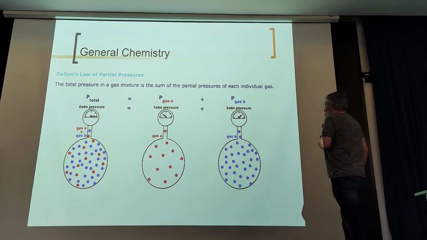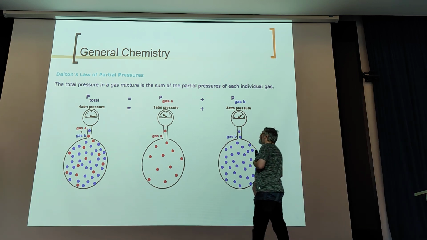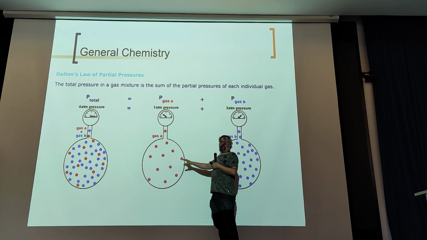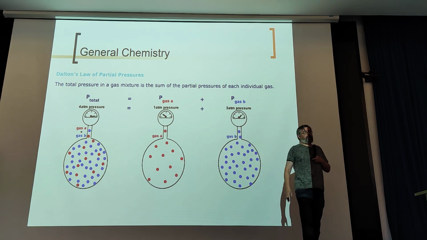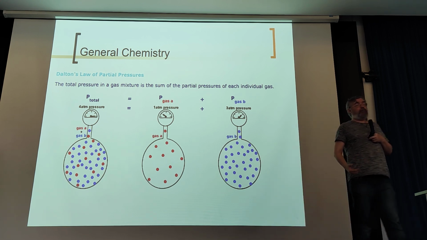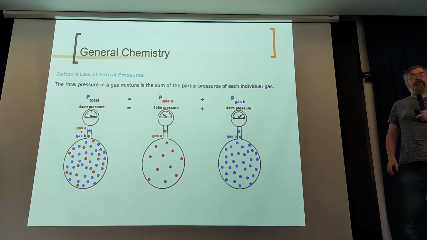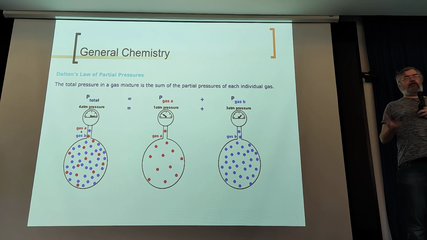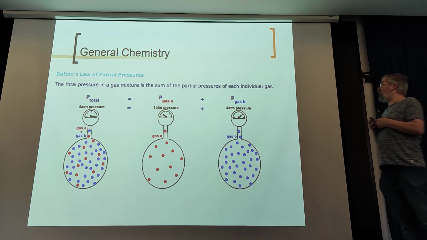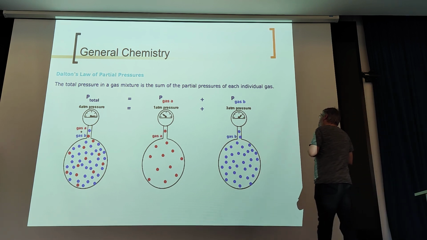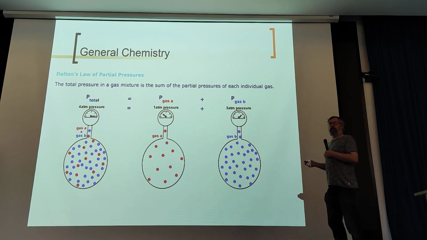This is adding up 1 atmosphere of pressure of the red gas, gas A, and 3 atmosphere of the blue gas, compound B. The particles are in the same volume, so we add the pressures, and we can apply the PV = nRT relation to all of the different components separately and just add them up. That's Dalton's law.